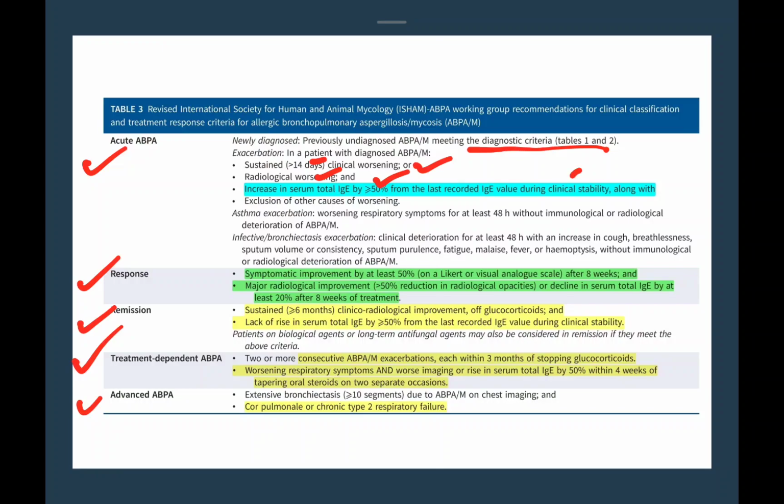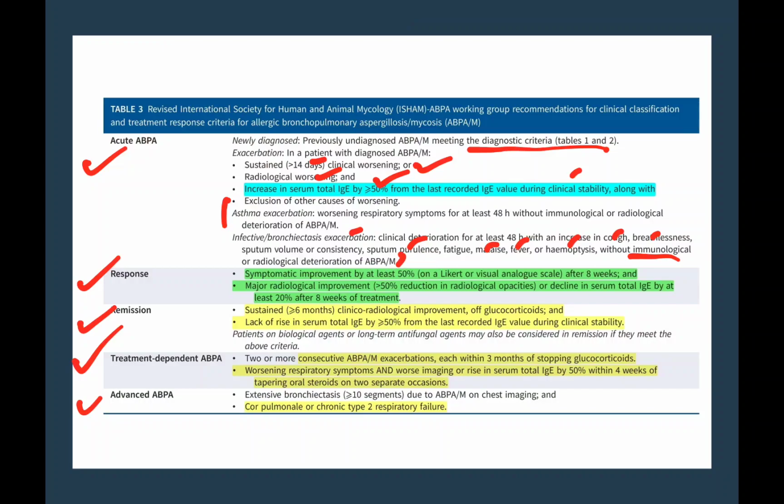And we have to rule out other causes, like the patient having asthma. We have to rule out asthma exacerbation without any radiological deterioration, and bronchiectasis exacerbation, that is with cough, sputum, purulency, fatigue, fever, hemoptysis, and without radiological deterioration.